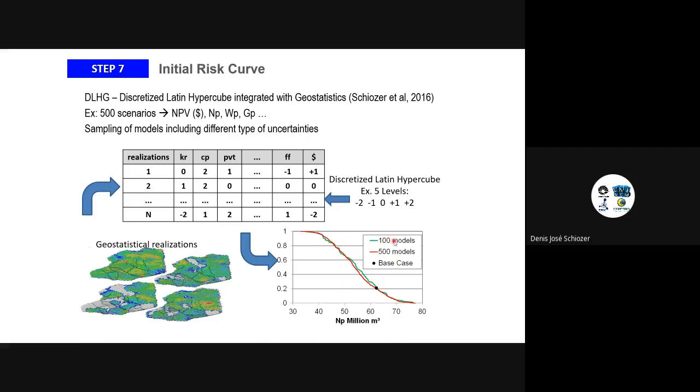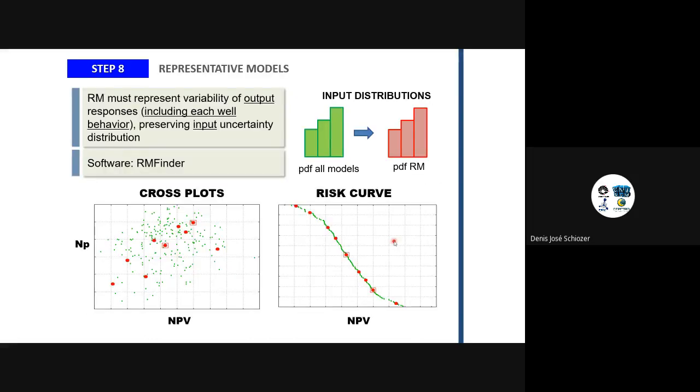Once we build these curves, as I said, if I have too many scenarios and I want to improve the quality of the decision and the forecast, in our group we do that using what we call representative models. We are going to dedicate a few hours of the class also to explain why it's important to have these representative models.